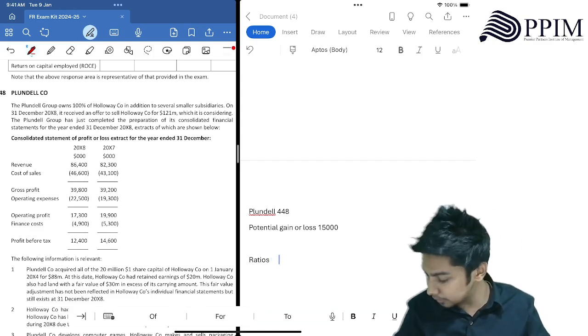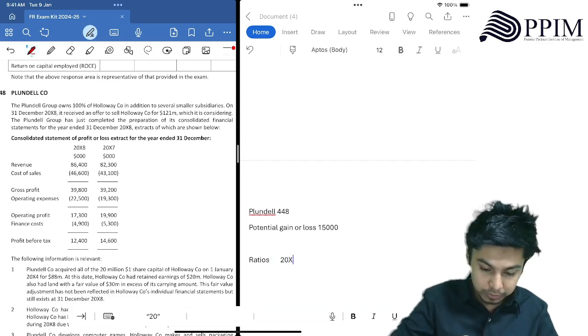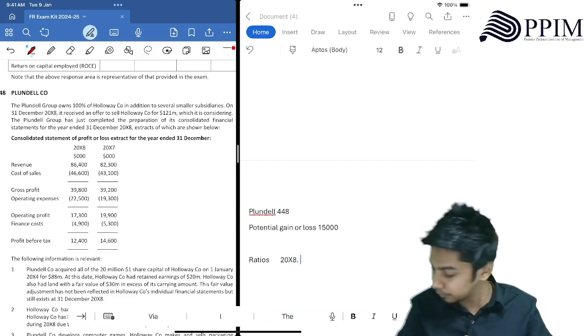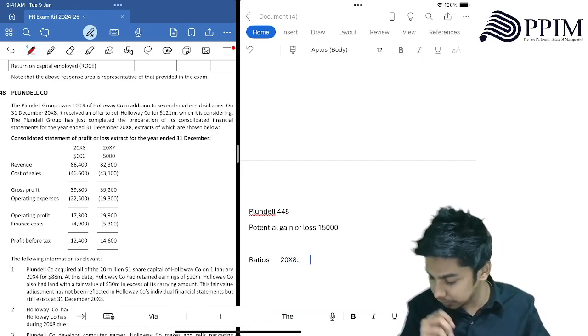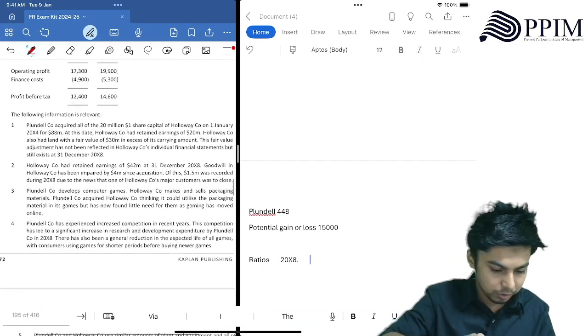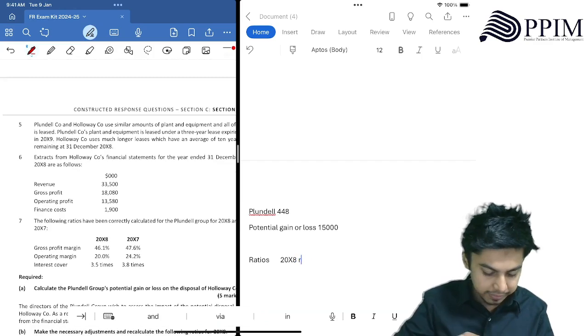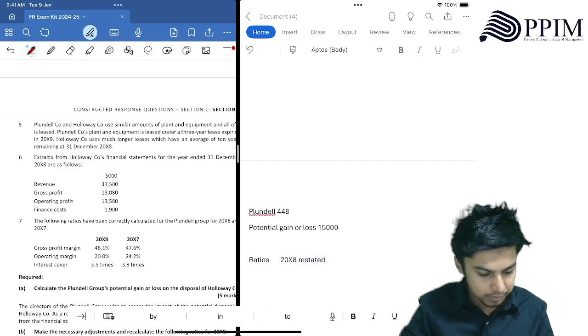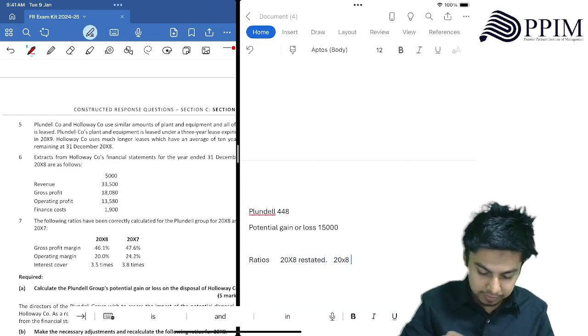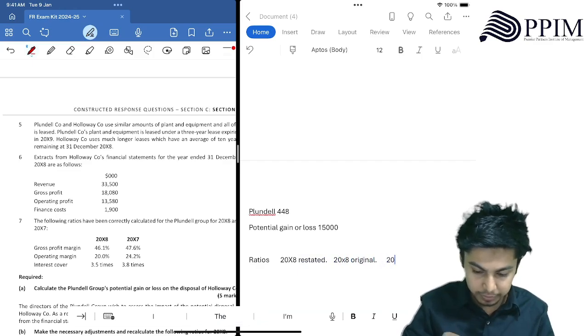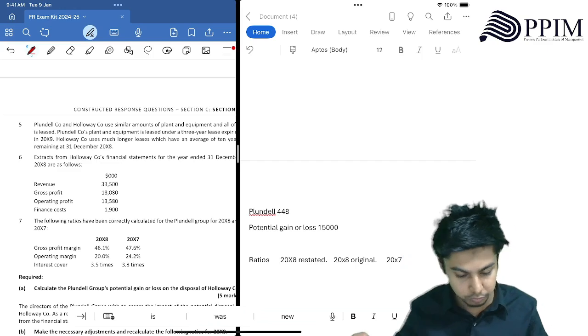So we have a table. One is 2008. The other one is again 2008 according to the marking scheme. Right. This is guys 2008 restated. Right. This is 2008. This is the original. And over here, guys, we have 2007 also.